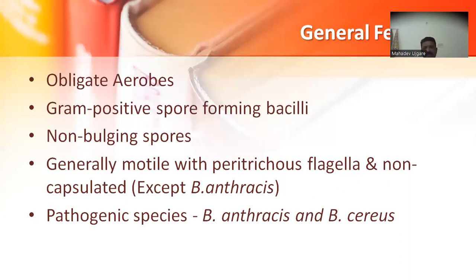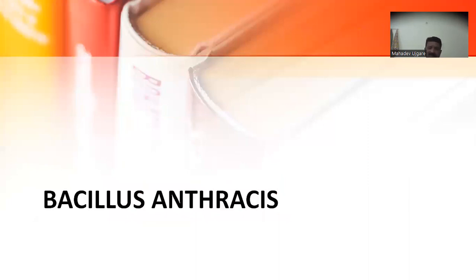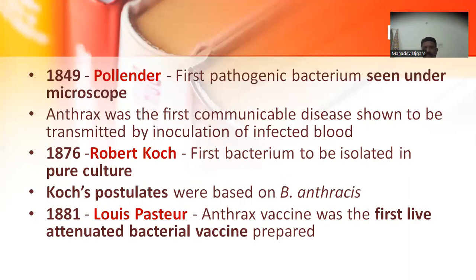Pathogenic species are Bacillus anthracis and Bacillus cereus. Now Bacillus anthracis, the causative agent of anthrax, has great historical importance.